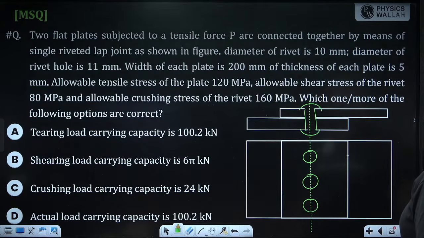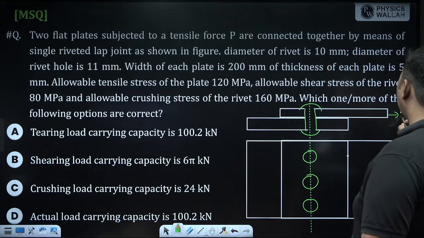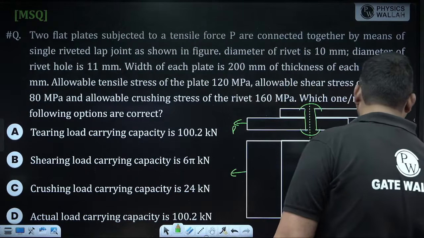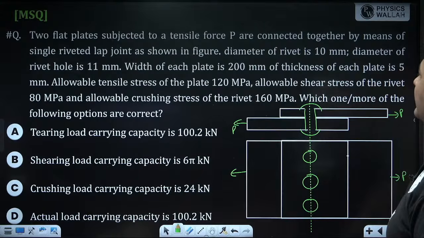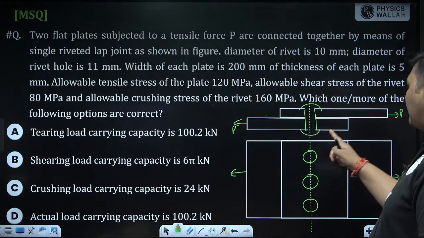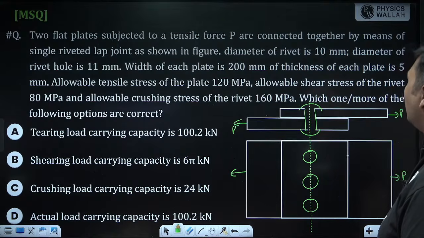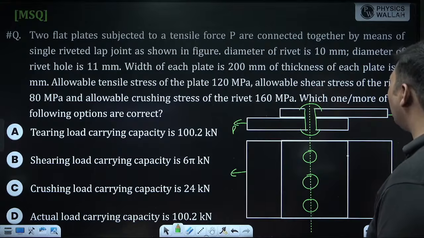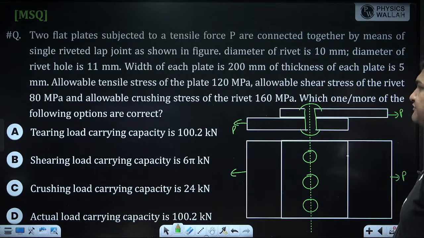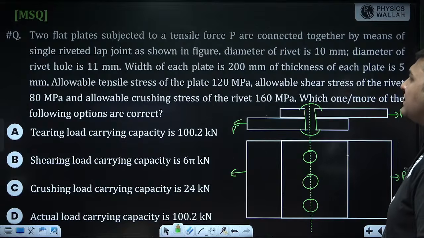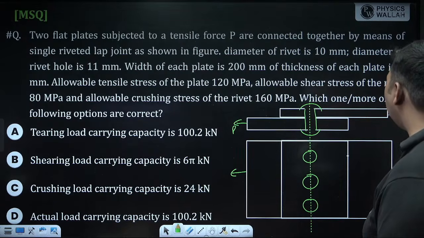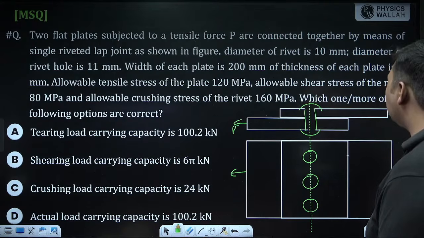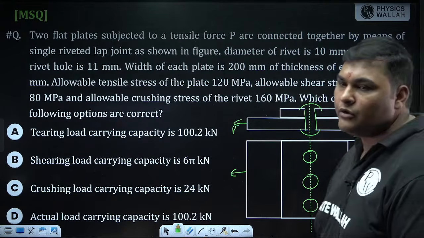Two flat plates subjected to a tensile force P are connected together by means of a single riveted lap joint as shown in the figure. Diameter of rivet 10 mm, diameter of rivet hole 11 mm, width of each plate 200 mm, thickness of each plate is 5 mm. Allowable tensile stress of plate 120 megapascal, allowable shear stress of rivet is 80 megapascal, allowable crushing stress of rivet is 160 megapascal. Then which one or more of the following options is correct?